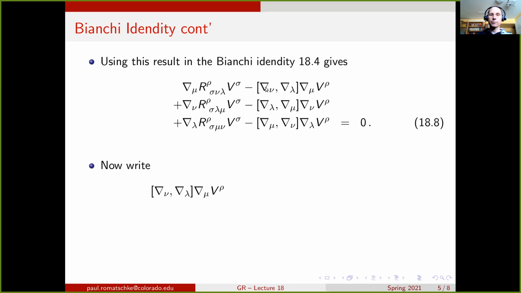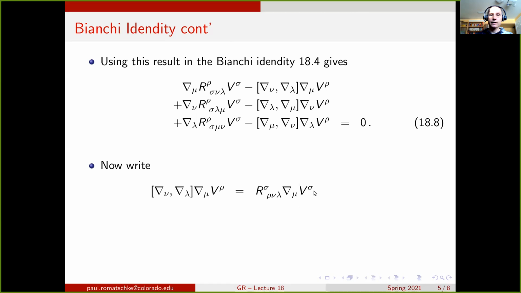Now let's look at these other parts in here. Here we have this commutator of covariant derivatives acting on a derivative of a vector, not on the vector itself. If this was a vector, we could just use the same R tensor as before, but now we have two indices. So we have one where we can replace this with a tensor R, where we have acted on the V rho here.